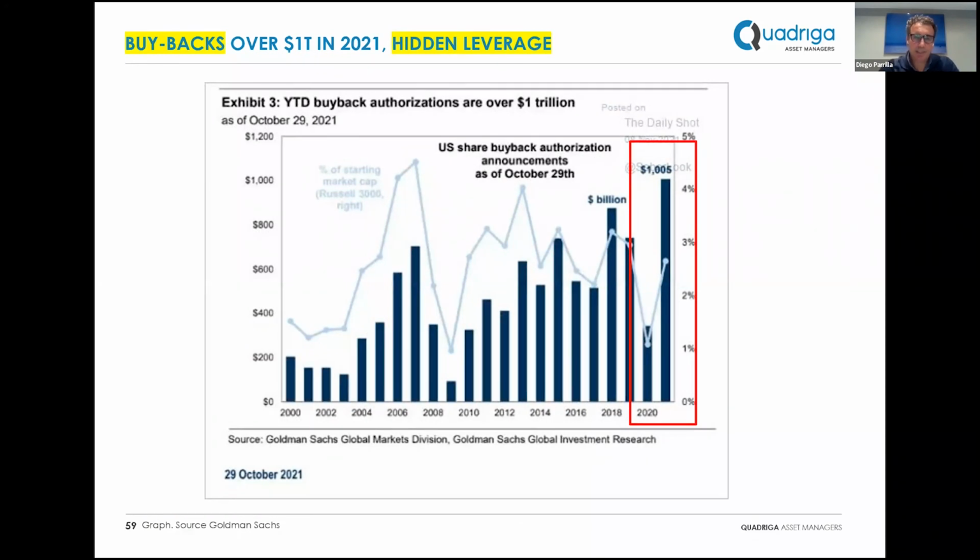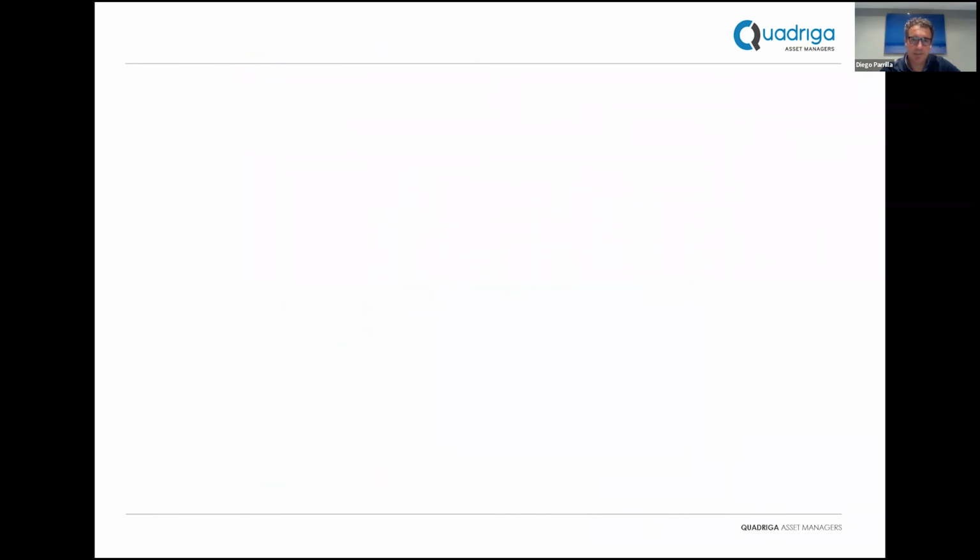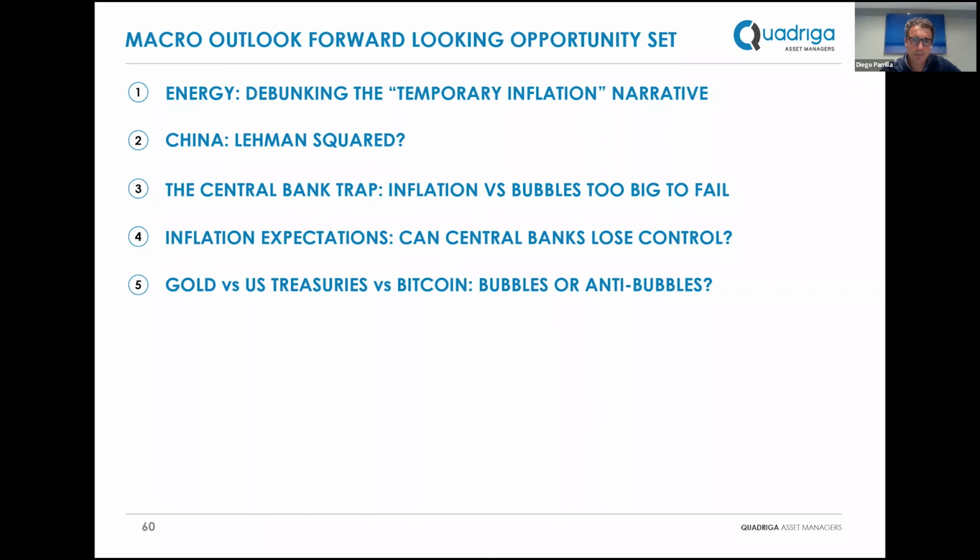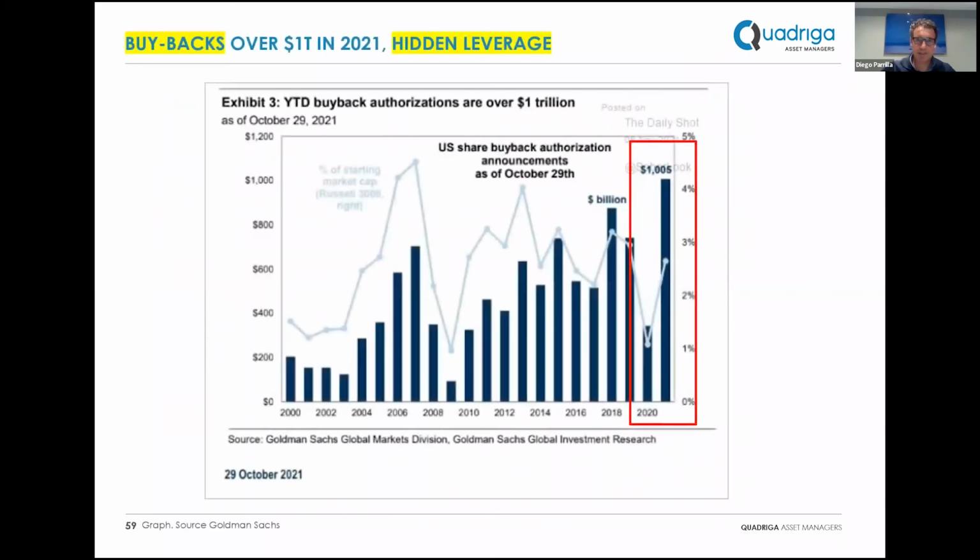This is, however, creating implicit leverage in the system, because the companies are relying much more on equity rather than securing certain financing. And this is again a bit of a long-term cycle thing, where we've seen insiders selling at paces not seen in a long time.